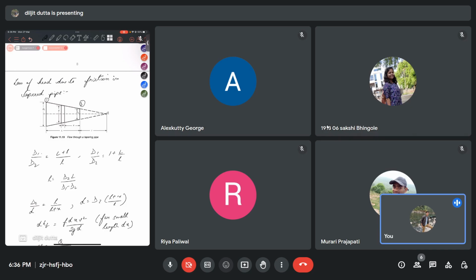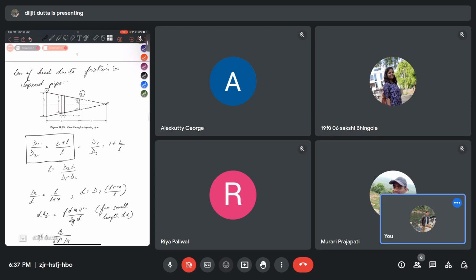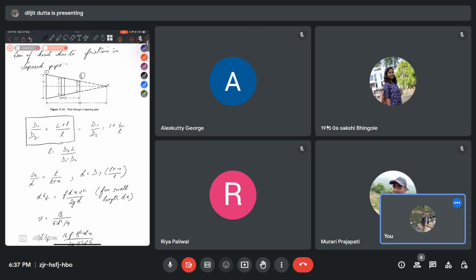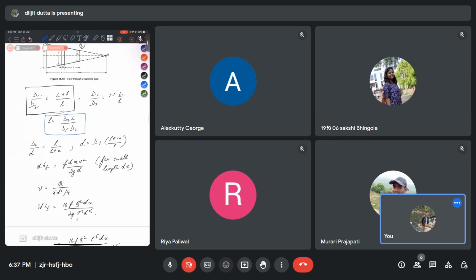In that case, the distance from the tip to any point is proportional to the diameter at that section. So d1 by d2 is equal to (l plus L) by l, where small l is the distance of d2 from O, and capital L is the distance between section 1 and section 2. Now based on this, we can obtain small l as d2 into L by (d1 minus d2).